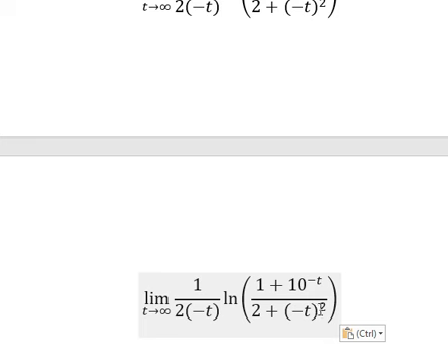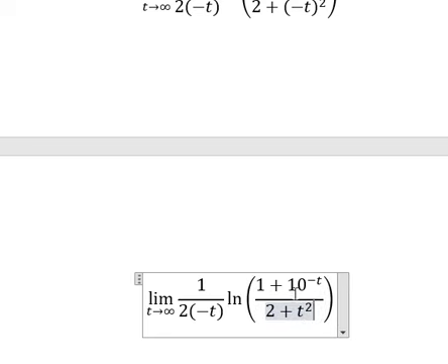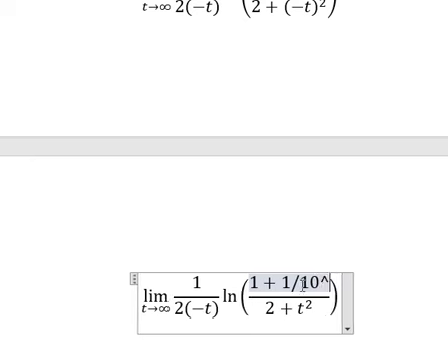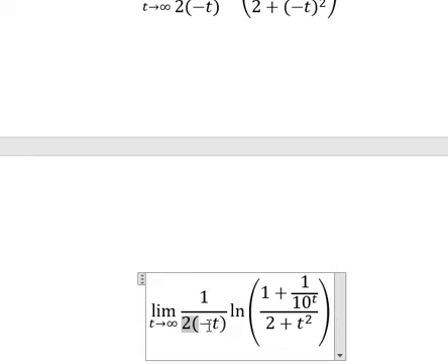Because we have the power 2, this is an even power, so you get the positive t squared. This one is 1 over 10 to the power of t. This one we have negative 2t.